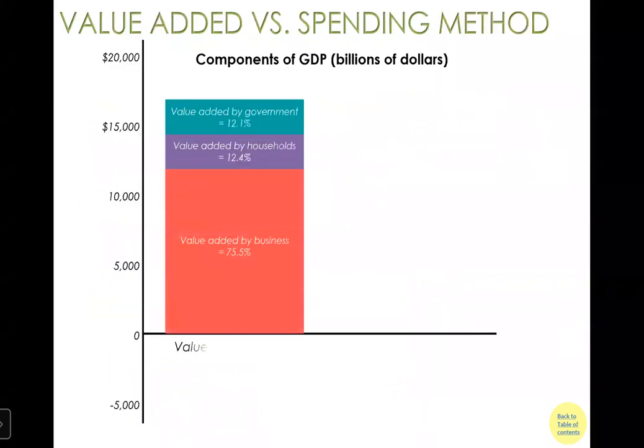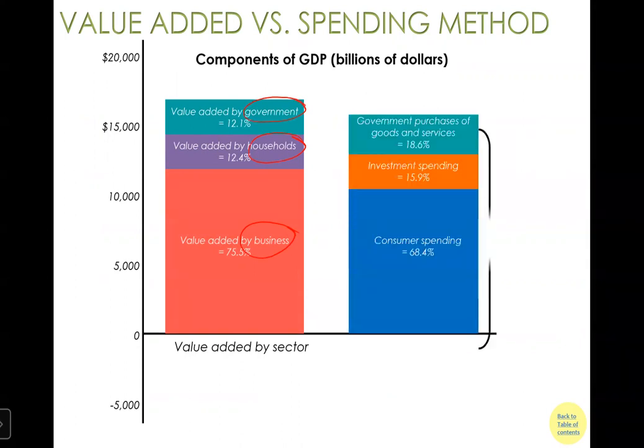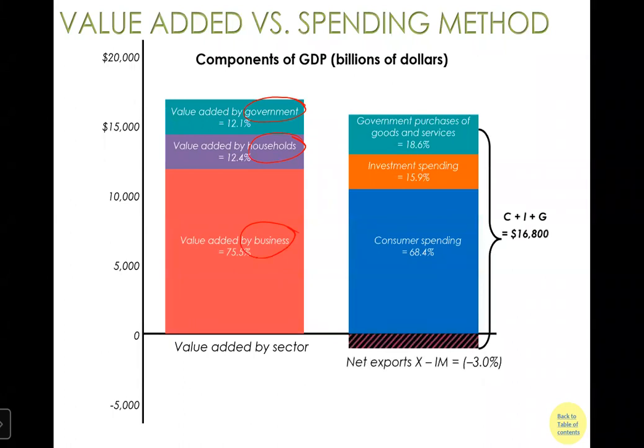And actually, this is how the actual data looks like. If we look at the GDP through these two approaches we just learned, right? So one is by looking at value added. So this value added, some are created by business, some are created by households, and some are created by government, right? And on the other hand, we can look at the expenditure approach.